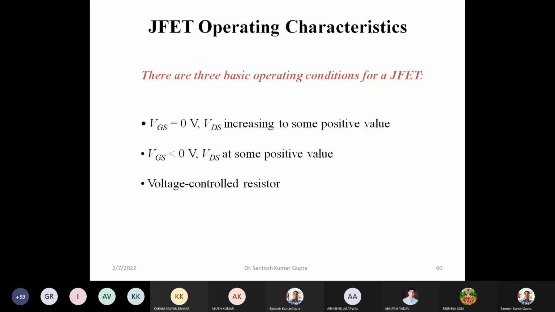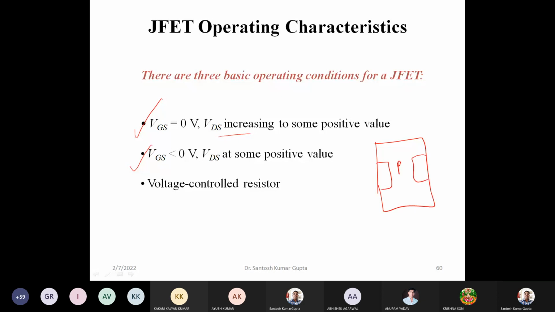Depending on voltage applied, we have three basic operating conditions for JFET. The first is when we don't apply any gate biasing voltage, then what happens? And when we apply a voltage such that the gate junction is reverse biased.